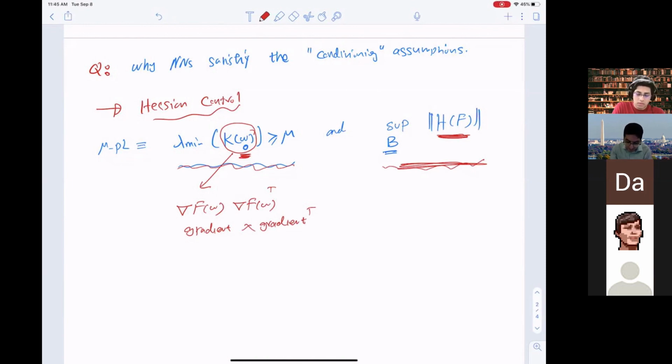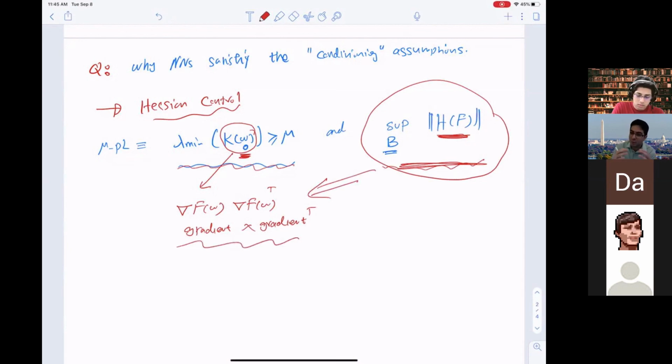If I have a bound on the eigenvalues of the Hessian, it means my gradients don't change too fast. Therefore, maybe I can use that to argue that if I have a mu-PL condition at my initialization, I'm also going to have a mu-PL condition within a radius of my initialization. And that's basically the key idea of the Hessian control.